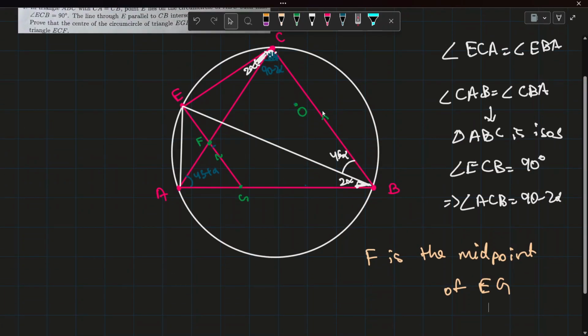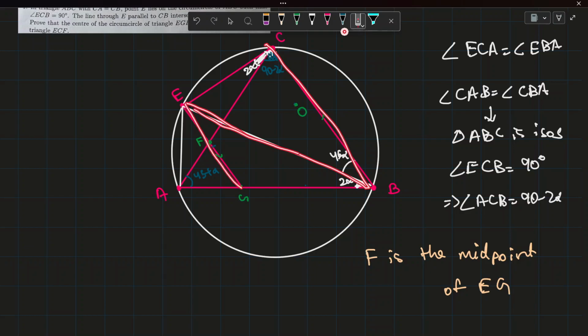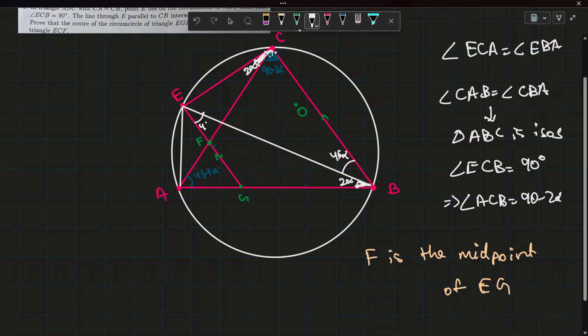Okay. So now let's chase a few more angles. We know that this angle here is 45 minus alpha. So because EG is parallel to BC, we can also get that this angle here is 45 minus alpha. And using the fact that, as I had proved earlier, this particular angle is 90 degrees.